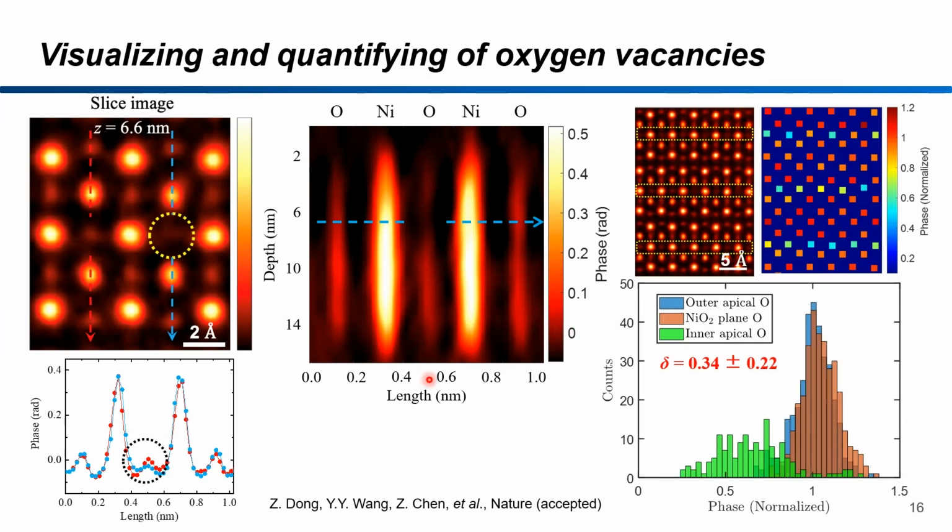Using this phase intensity, we can quantify the concentration of the oxygen, because the phase from multi-slice ptychography is linearly dependent on the sample thickness and also on the number of atoms along the projection direction. So we can quantify here, and in this sample, we know that the main oxygen vacancies are within the so-called middle layer, or the inner apical oxygen layer here.